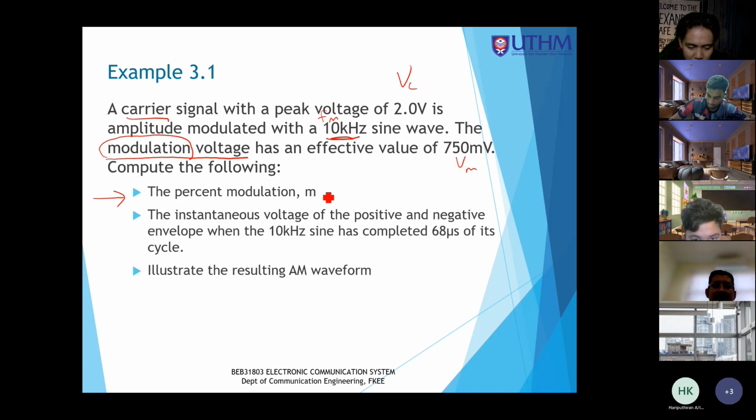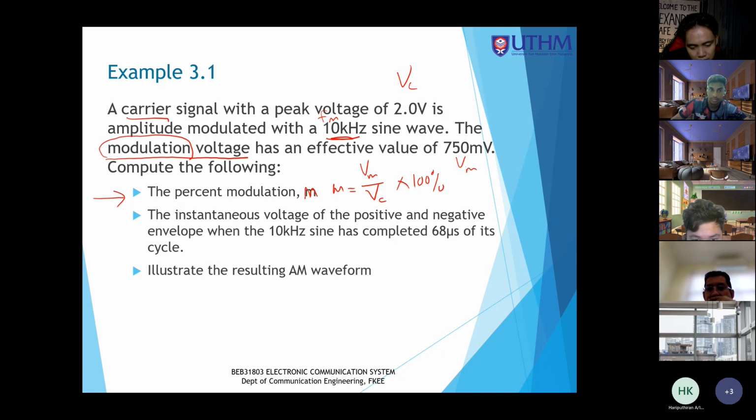So tadi digunakan simbol M, kalau you lihat M besar, M kecil, saya tidak ada masalah. Kalau you tertulis M kecil ke M besar, it's not a big problem to me. So M kalau you nak buat dalam sebutan percentage, that means VM over VC multiplied with 100%. Okay.